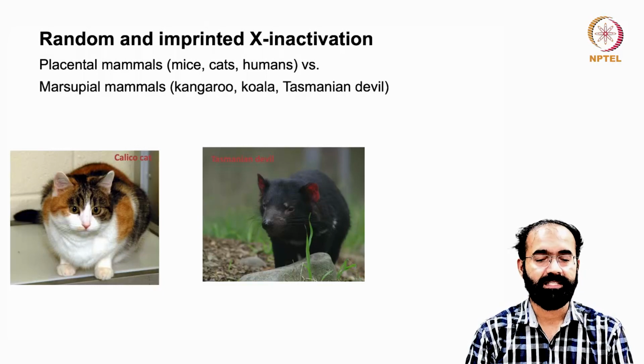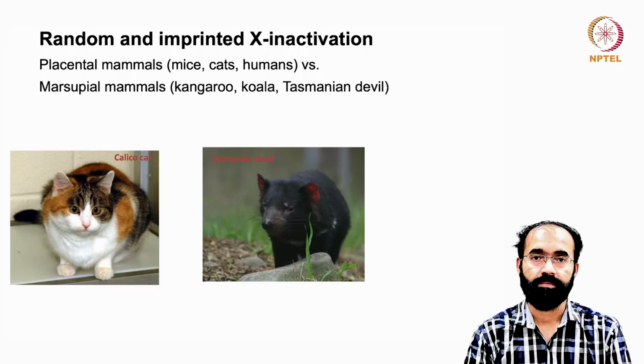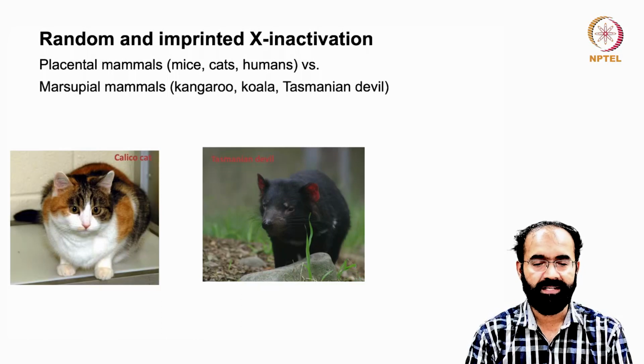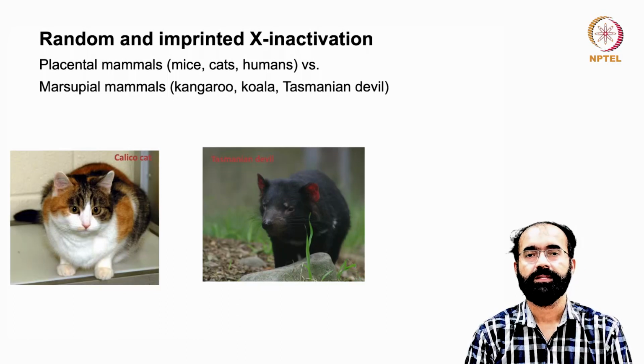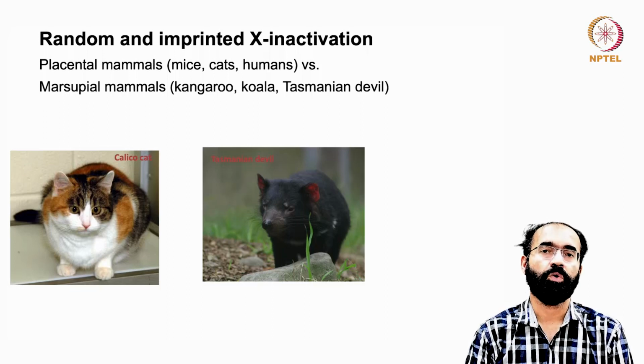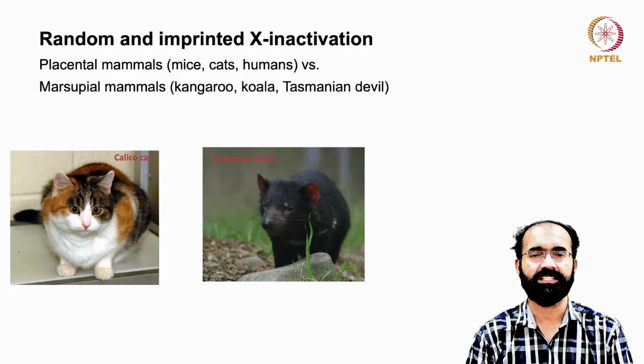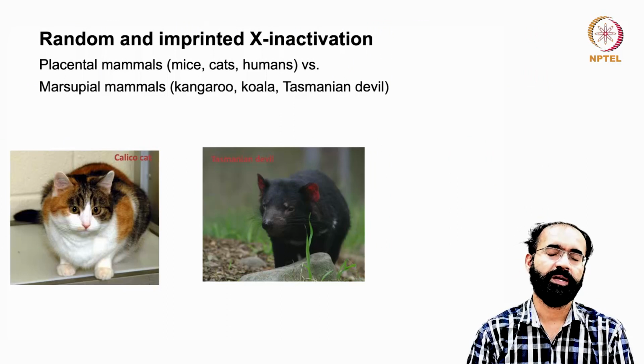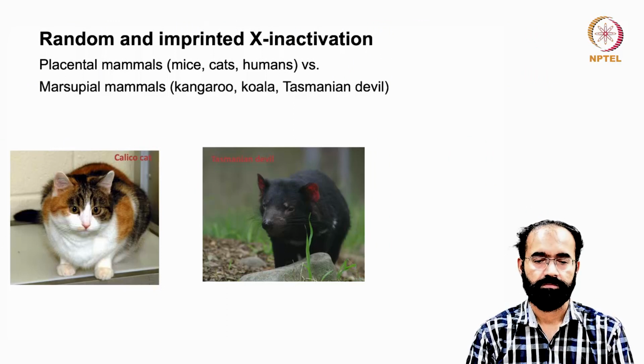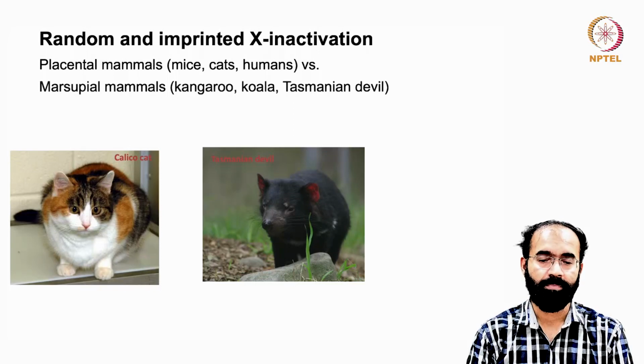And we can see some examples of imprinting. What is imprinting? Imprinting basically means something is told to you straightforwardly: you are supposed to do this. Many such examples are there. If I give some examples of human behavior in imprinting, it will be much easier for you.